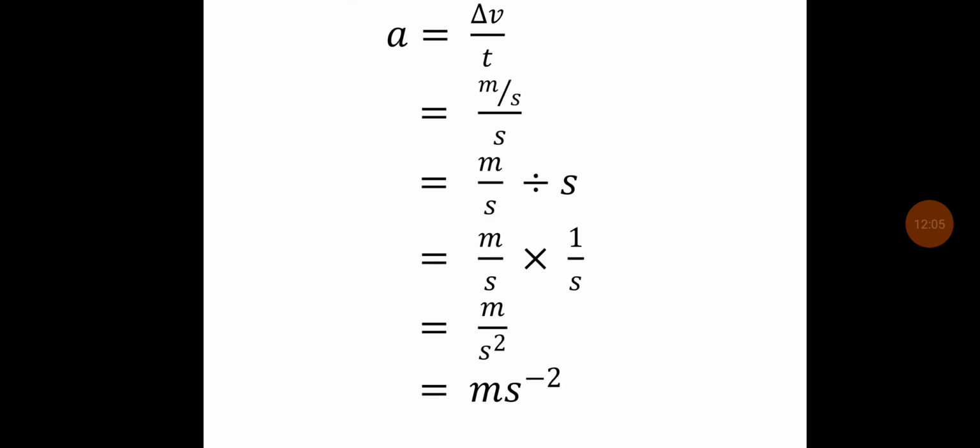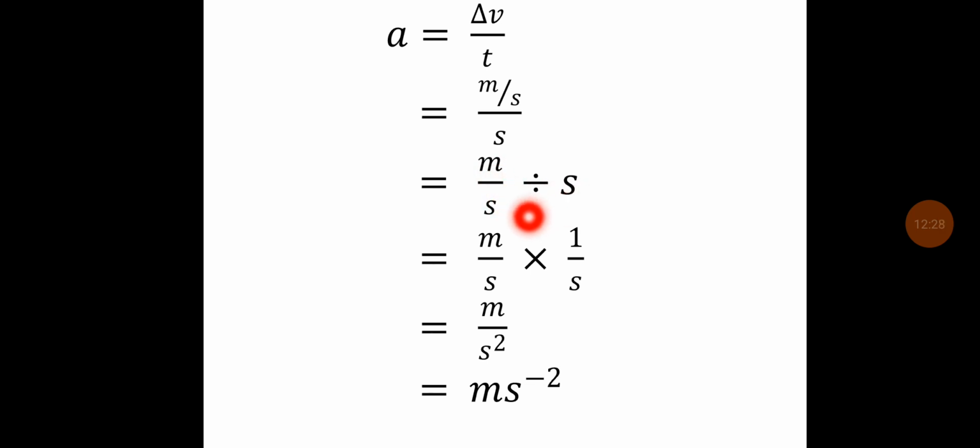Next is acceleration. Acceleration is represented by small a. It is defined as the time rate of change of velocity, delta v divided by t. The unit for velocity is meter per second, divided by time, which is second. Now meter per second divided by second.